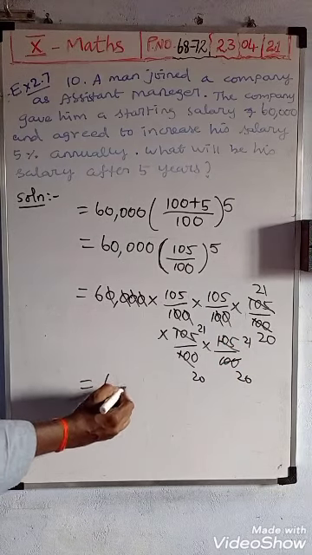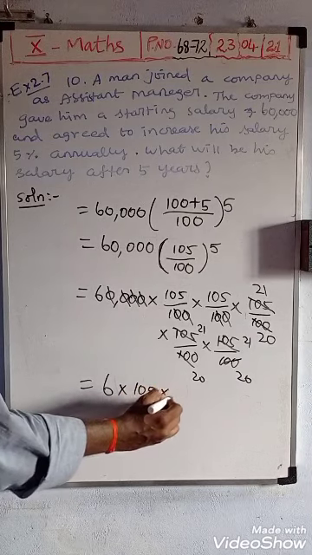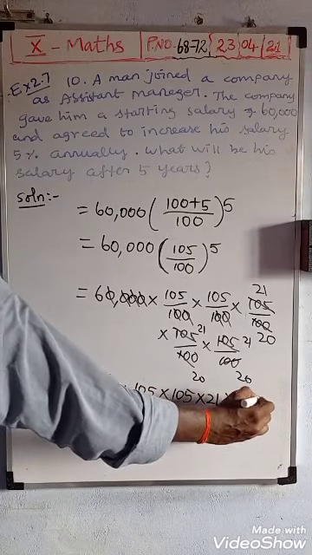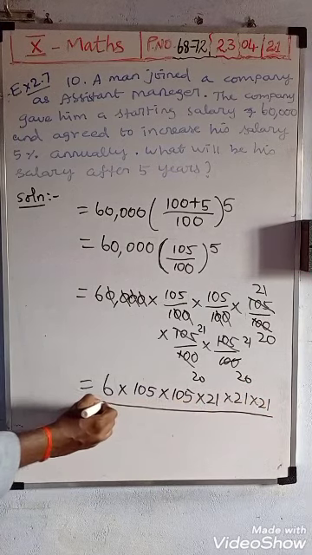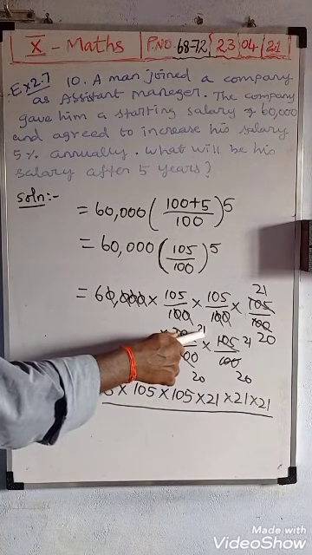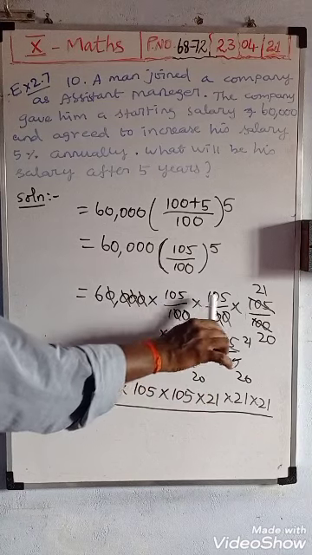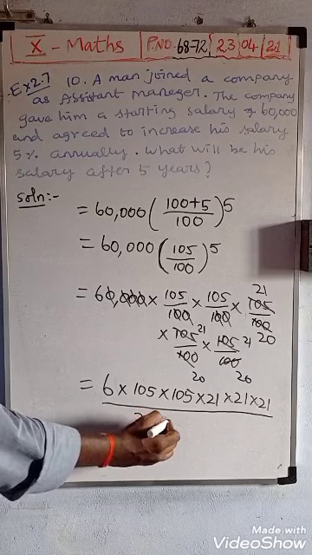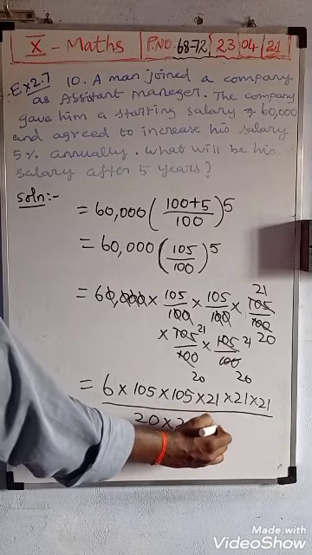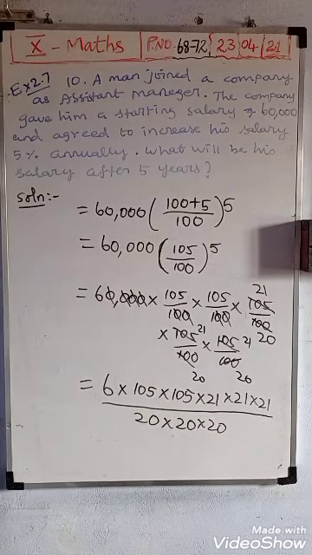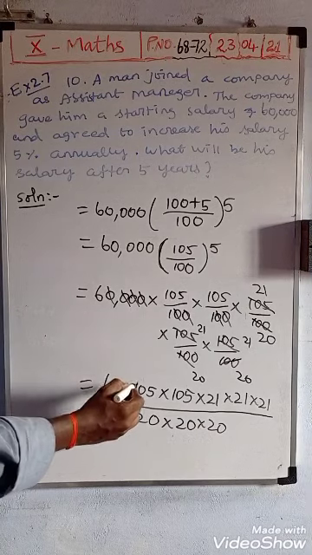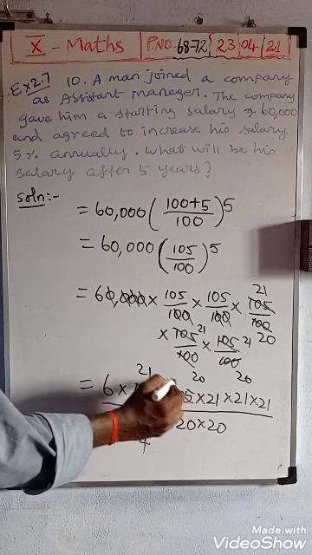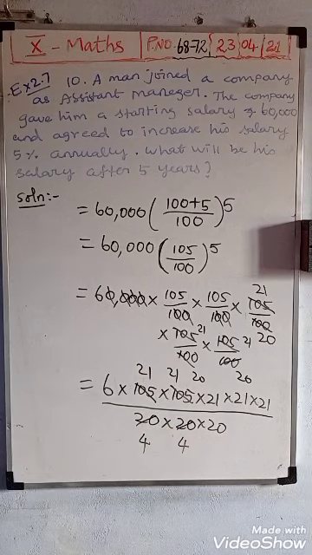So remaining you should write 6 into 105 into 105 into 21 into 21 into 21, whole divided by 21 into 21 into 21 divided by 20 into 20 into 20, 3 times 20. Now again you want to cancel with the 5 table, here 21, here 4 5s are 20, here 21, here 4 5s are 20.